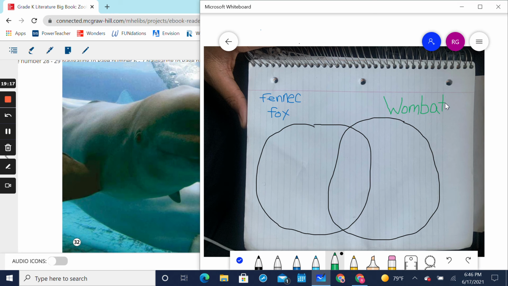Now, earlier in the story, we paused the video and had a short discussion on how the fennec fox and the wombat are similar, how they are the same, and how they are different. And now we're going to put that information into our Venn diagram.